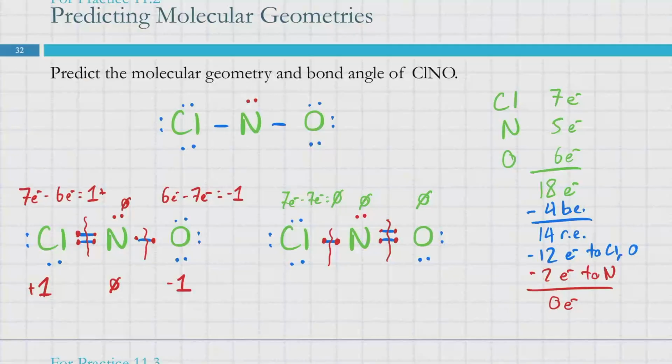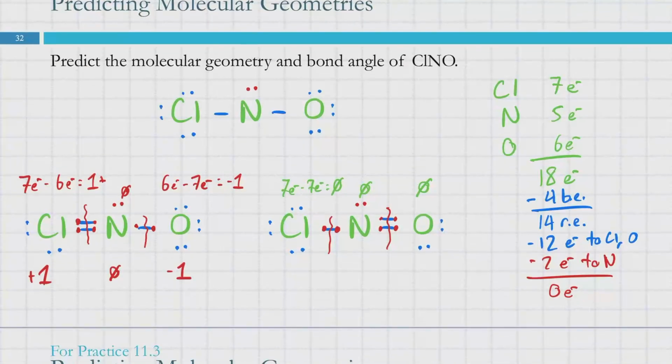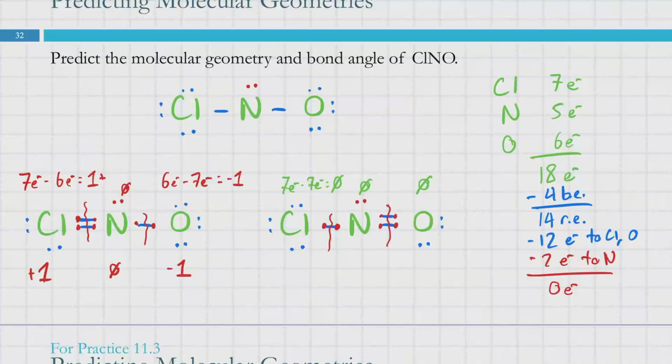We don't actually have to do this to come up with the molecular geometry and the bond angles. I just wanted to do it for review, to cover it, so we're thinking about it. What number of electron groups do we have on our nitrogen?